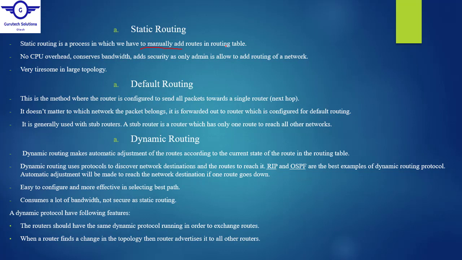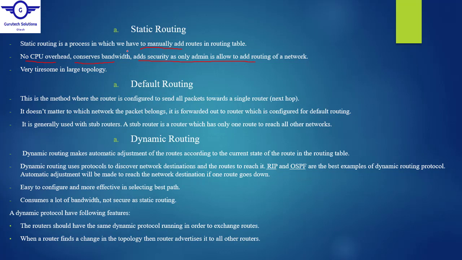Now the advantages of this routing protocol: there is less or no CPU overhead, and it conserves bandwidth. Another one, it adds a layer of security, since only the admin is allowed to add routes of a network.